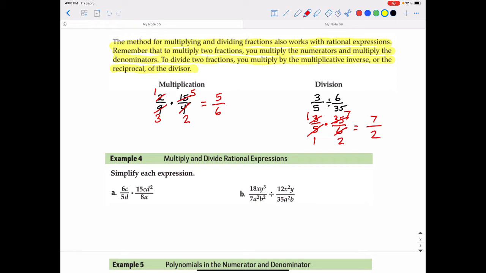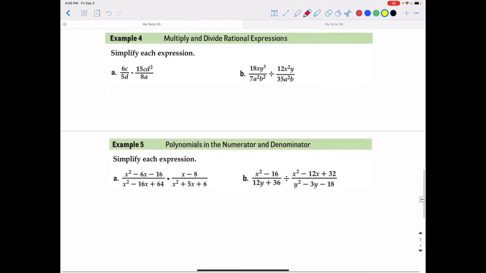These same concepts can be used with rational expressions. We can divide the numerators and the denominators of different fractions by greatest common factors and then simplify before we actually multiply. So looking at part A, I do see some numbers I can simplify. I see 15 and 5. 5 goes into both of those. 15 divided by 5 is 3. 5 divided by 5 is 1.